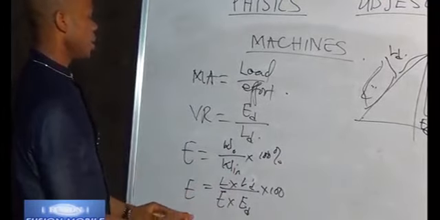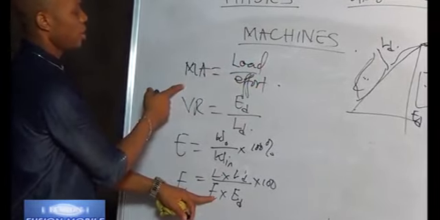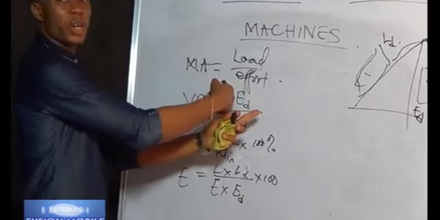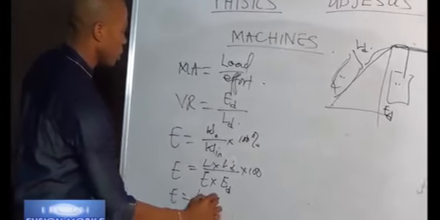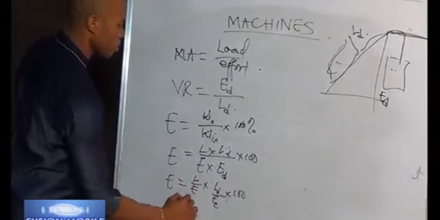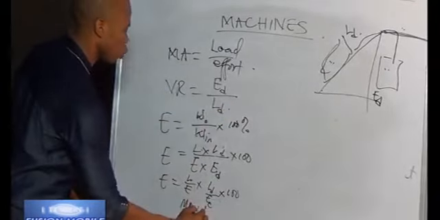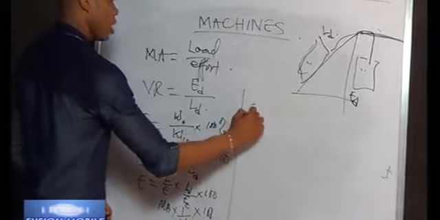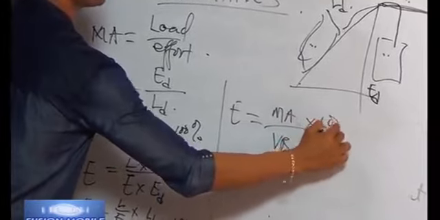Now taking this the way it's supposed to be, you know that load over effort is mechanical advantage, and load distance to effort distance is the inverse of velocity ratio. So efficiency is equal to load over effort times load distance over effort distance times 100%. This one is mechanical advantage, times load distance over effort distance, which is the inverse of this one, 1 over velocity ratio, then times 100%. Bringing it over here, we have it that efficiency is equal to mechanical advantage all over velocity ratio times 100%.